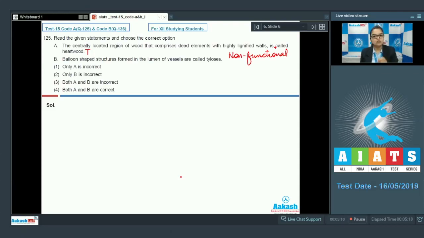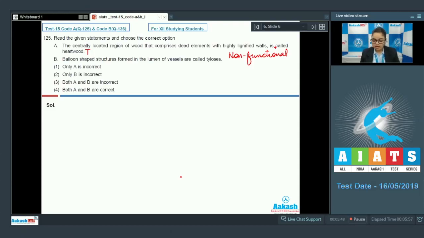That is to conduct water. But due to the deposition of secondary metabolites like resins, tannins and aromatic compounds, it is unable to allow this conduction of water. That is why it is non-functional. But you know what? Due to deposition of these secondary metabolites, it is tough enough. It can provide mechanical support to the plant. But why have I written here non-functional? Because it is not performing its primary function. Alright, so statement A is correct.